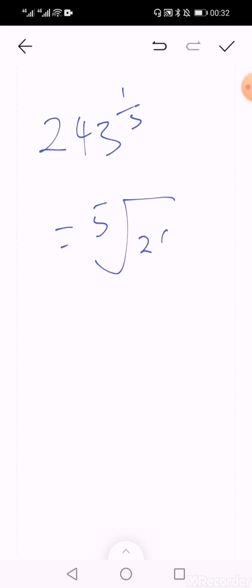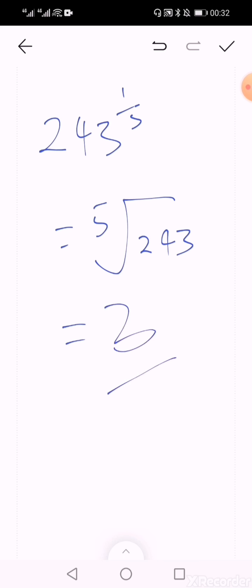And we also looked at 243 to the power 1 over 5, and we say this one is the same as finding the fifth root of 243. The fifth root is to find a number that you multiply by itself 5 times to get 243, and that number is 3.